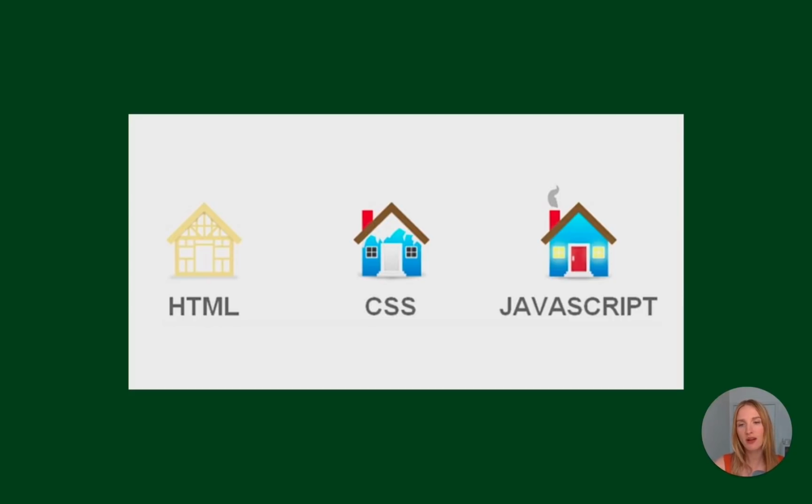The HTML is all of the building blocks of your house. And the CSS might be the color of the walls or the style of the couch. And JavaScript will be the parts of your house where things happen. So with JavaScript, it might be turning on the lights or starting the dishwasher. And on a website, JavaScript is all of those interactive parts, such as seeing an animation or whatever happens when you click on a button.